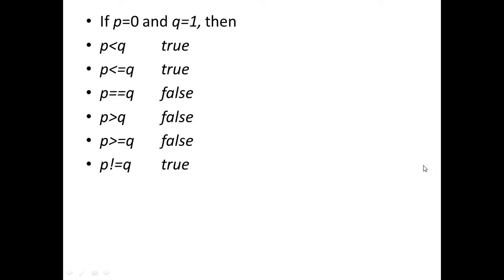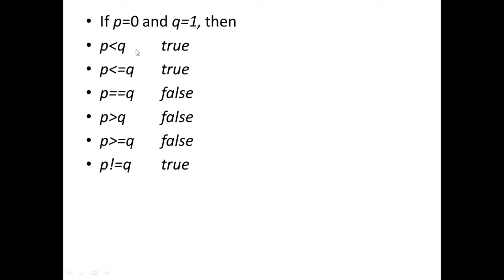So let us check this. Suppose the value of p is 0 and the value of q is 1, then we use these 6 relational operators. First one, p is less than q: 0 is less than 1, true or false? True.